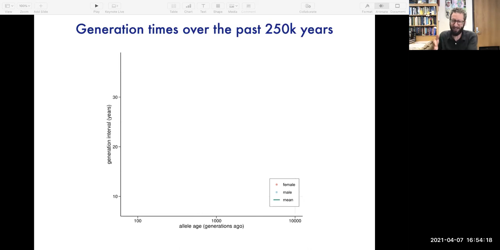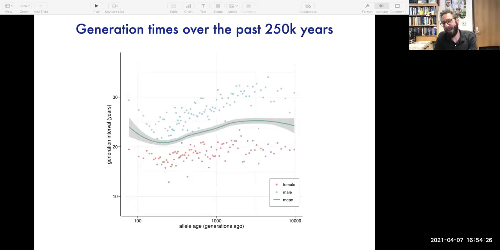So we don't literally say 1,212 generations ago. We say between 1,200 and 1,300 generations ago. And that's what the data look like. Males are in blue and females are in red, and the average is down the middle. For every slice in time, every bin, there's a blue dot and a red dot that tells you the best fit for the average age at which males had a kid and females had a kid.